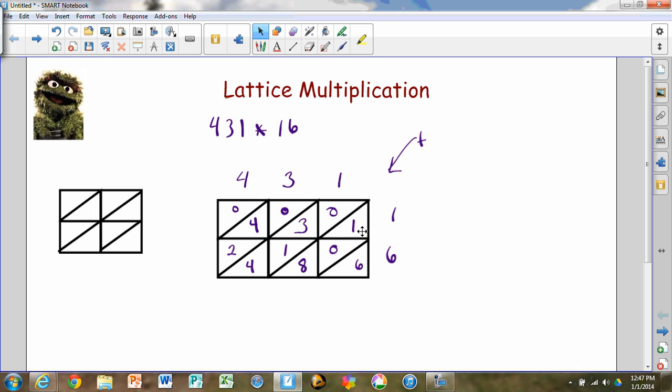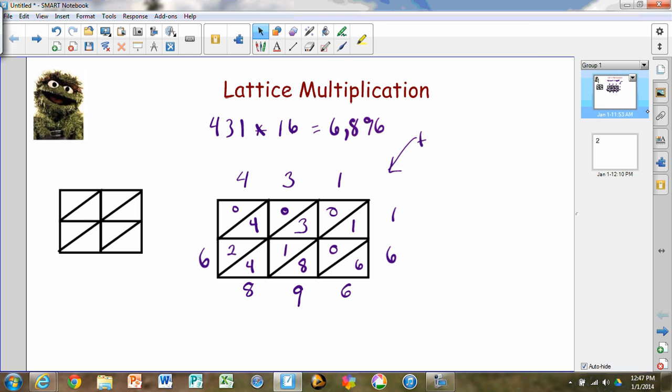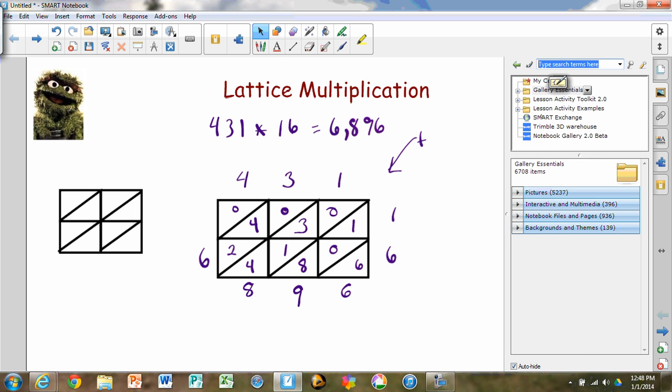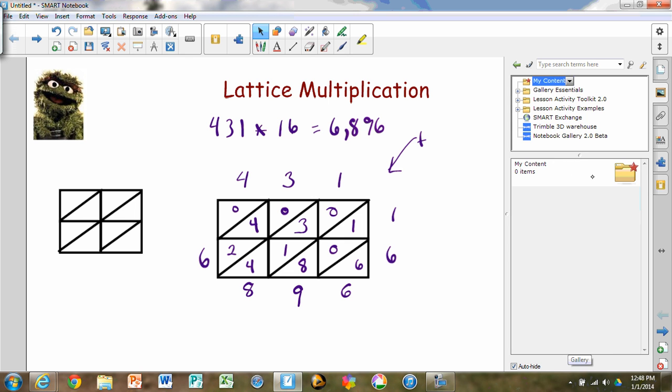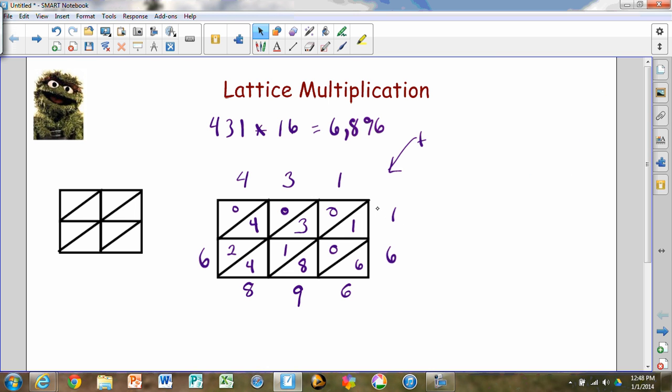That's the direction that we add the numbers. 6 and nothing is 6. 8 plus 1 is 9. 4, 5, 6, 7, 8. 4 plus 2 is 6. 6,896 is our answer. We can test that with our calculator. We'll trust that it's correct.